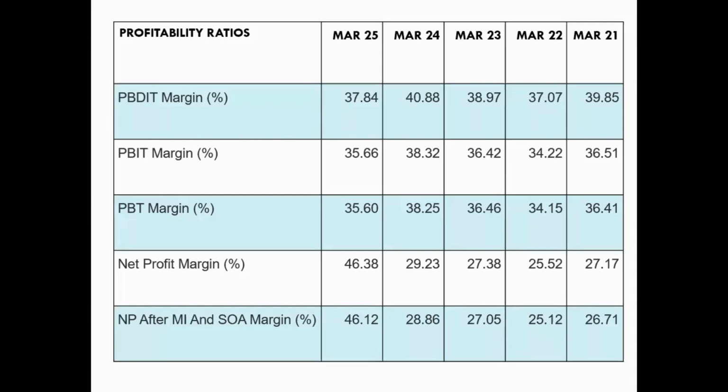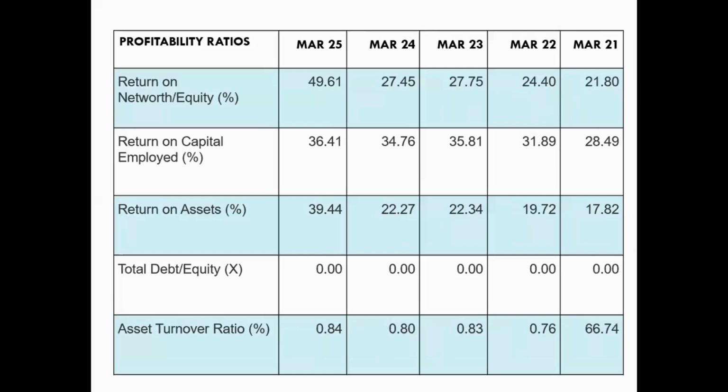Net profit margins are 46.38, 39.23, 27.38, 24.52, and 27.17. Net profit after MI and SOA margin is 46.12, 38.86, 37.05, 35.12, and 36.71. These are the profitability ratios.